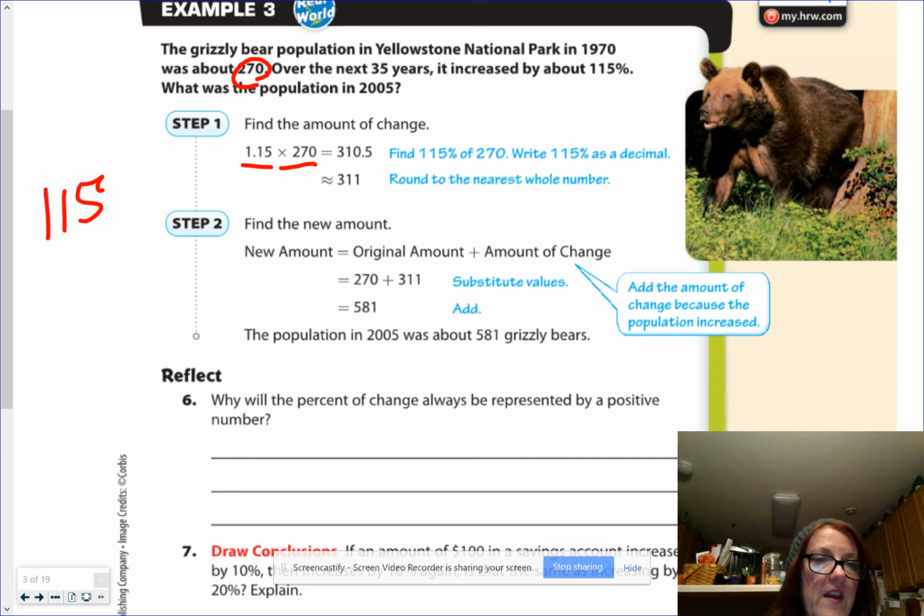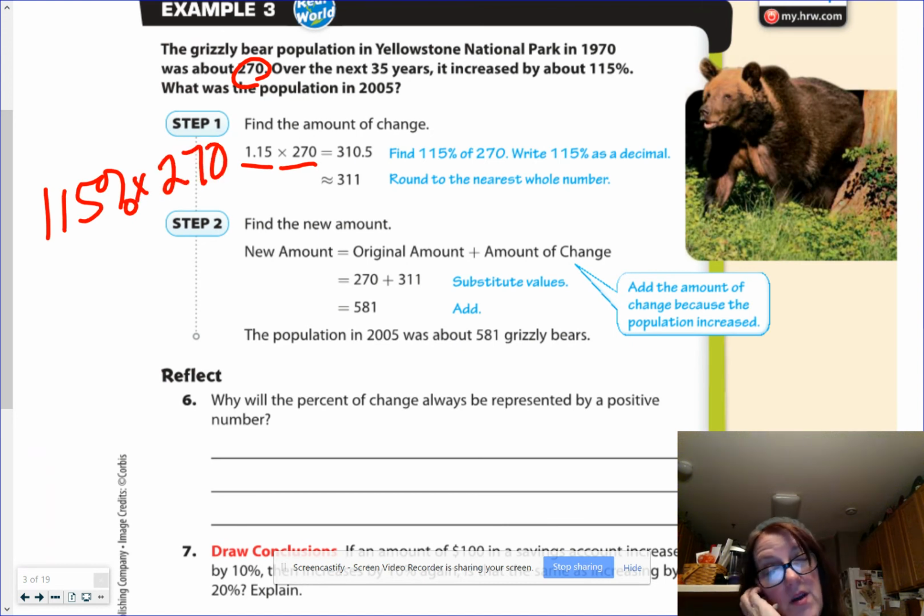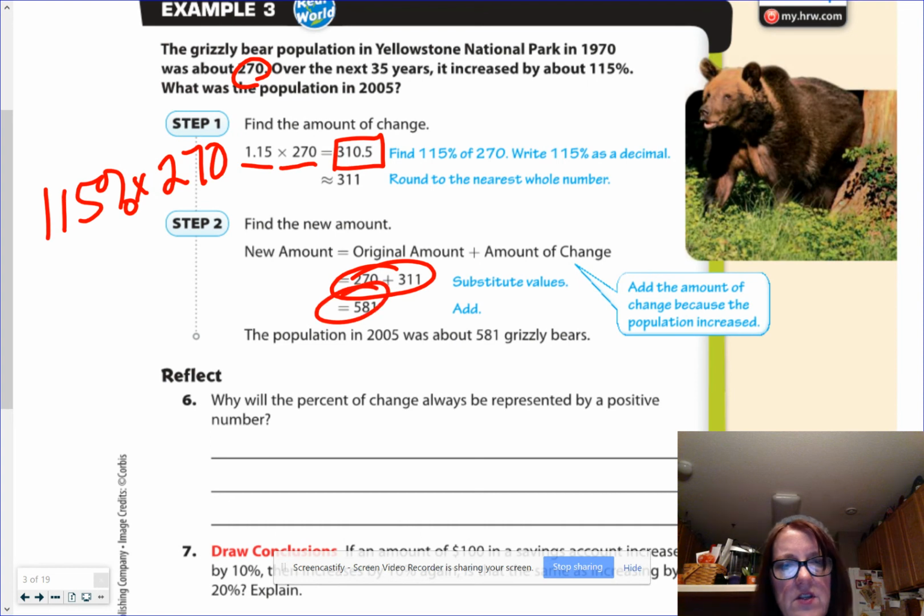They already changed it to the decimal, so if you want to do that, go ahead. Your calculator happens to have a percent button, so you can use that. Now, on your calculator, you get 310.5, but we're talking about animals. It's kind of bizarre to talk about half an animal. So they're rounding it appropriately to get 311. Add that on to the 270. That gives you 581.